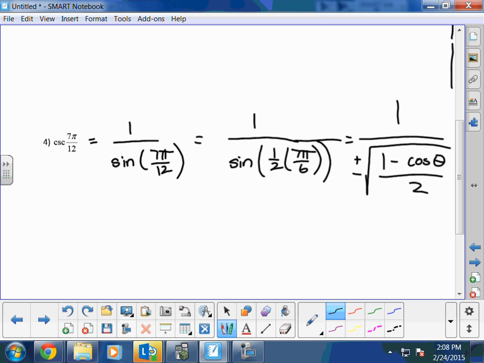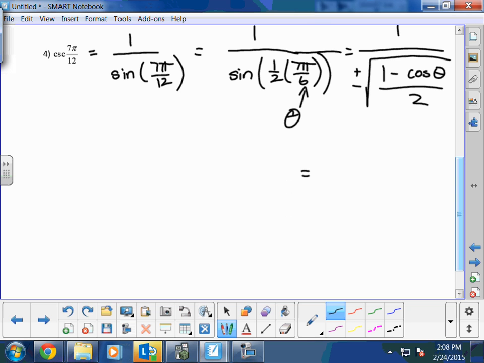You might be saying, where do I go next? Remember, this is your theta because of the property I showed right above. So that means in this case, this is going to become 1 over the square root of 1 minus cosine of 7 pi divided by 6 over 2.